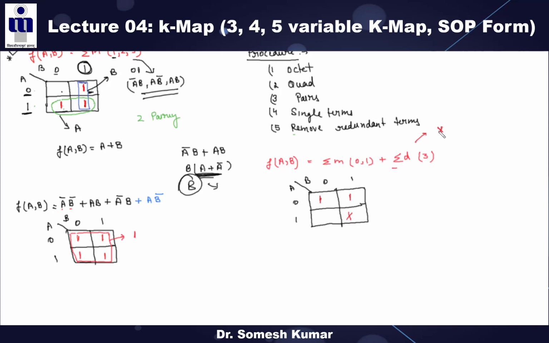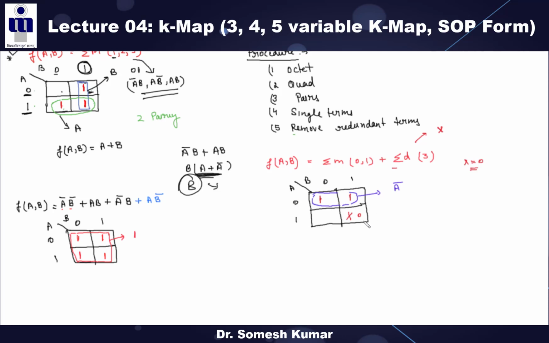So here, if I am ignoring this, or taking x equal to 0, what happened? There is now only one pairing, one pair, and the answer is A bar.